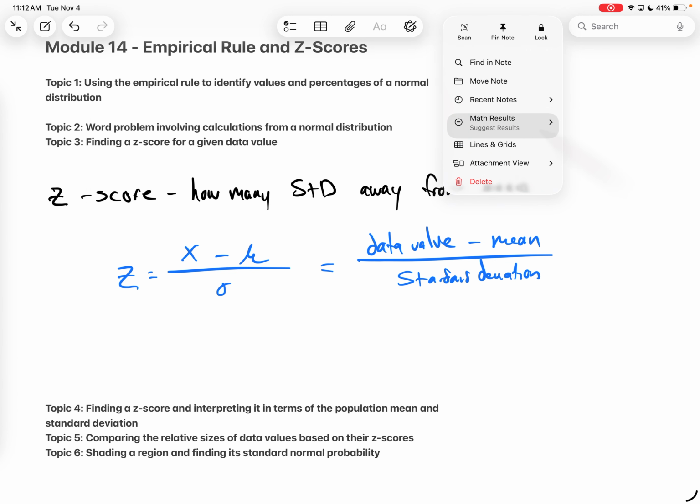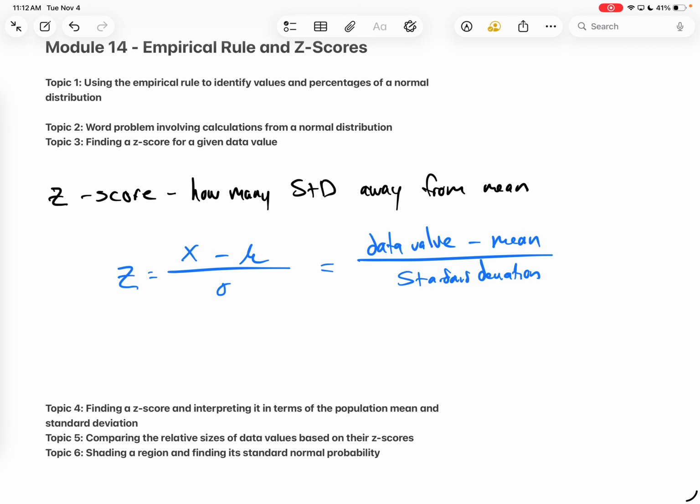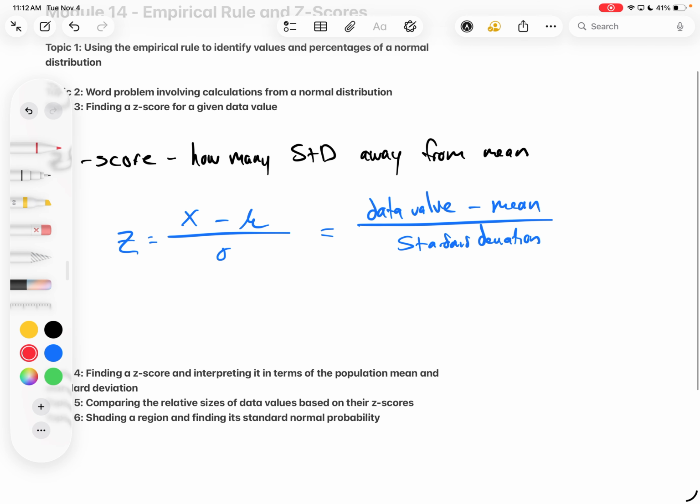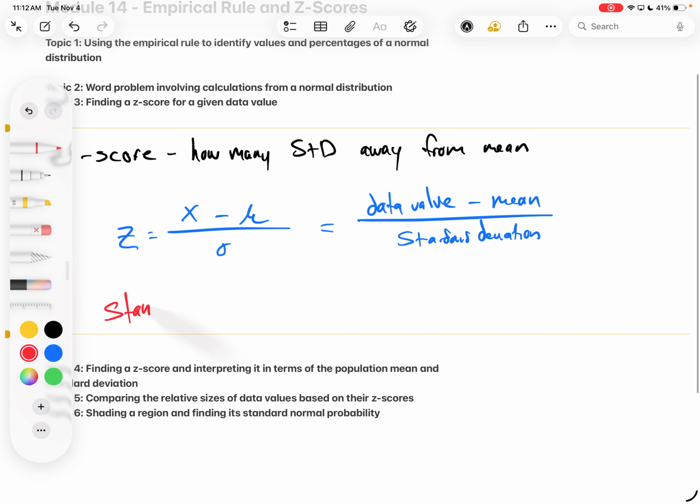Okay. This is a very important thing that we use in statistics because what it does is it standardizes all data. Okay. It standardizes all data and makes it one thing.